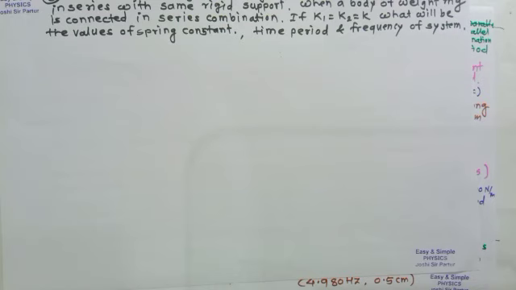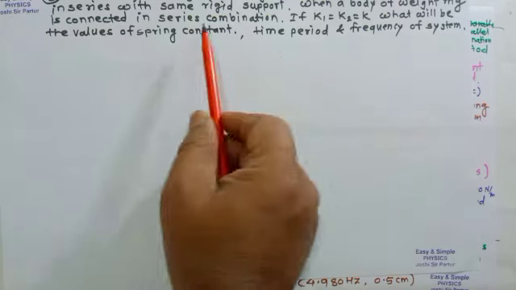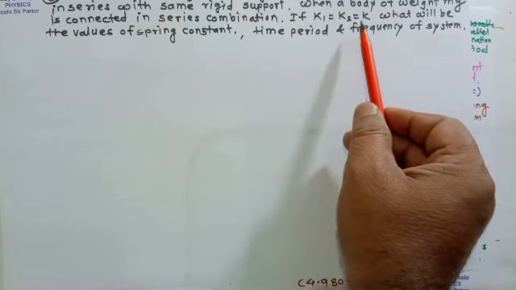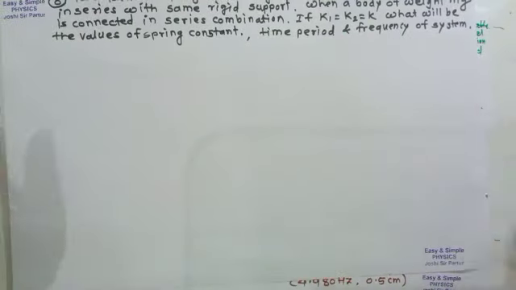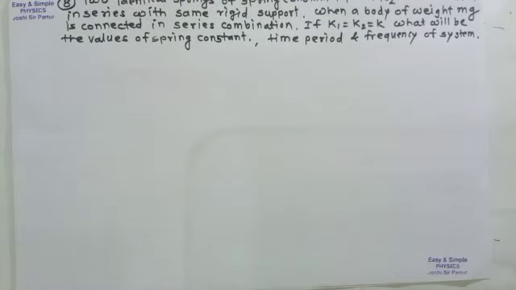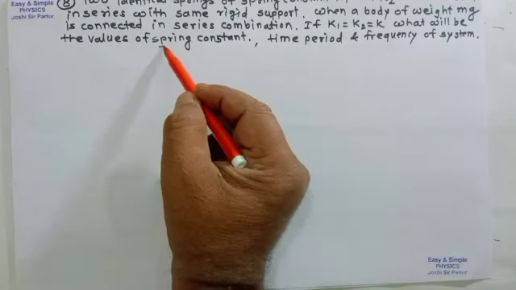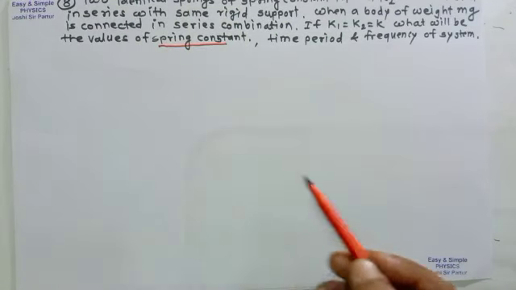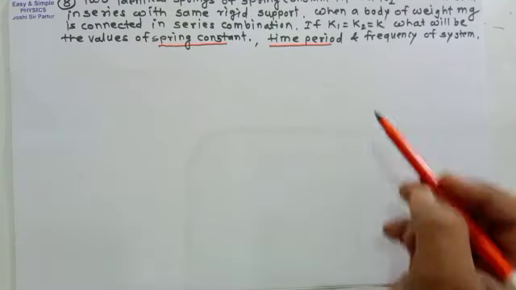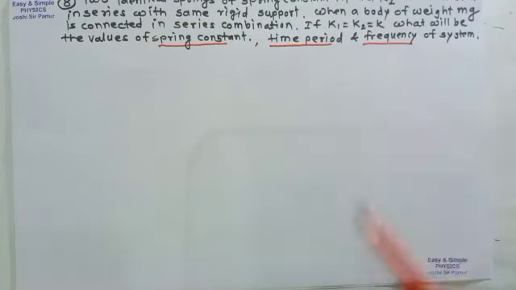When body of weight mg is connected in series combination, if K1 equal to K2 equal to K, what will be the value of spring constant? What will be the value of time period? First we can find out spring constant for series combination. Then we can find out time period. And then we can find out frequency of the given system.